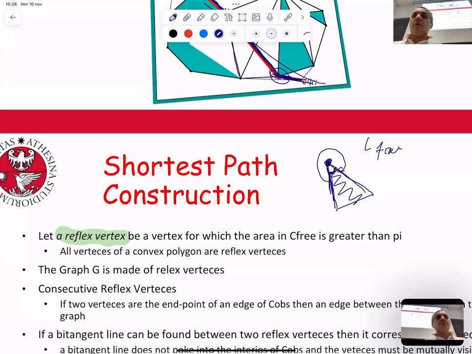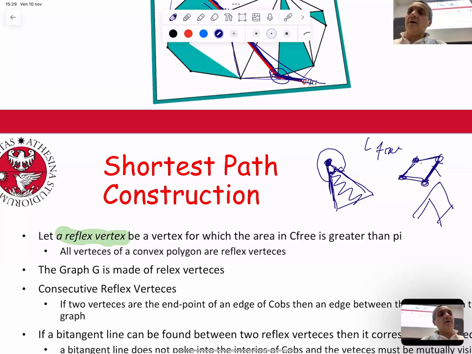So if you have a convex polygon, this is a convex polygon, then all the vertices have necessarily to be reflex. If you take a non-convex polygon like this, then you can have vertices like this one, which is not reflex. Okay.